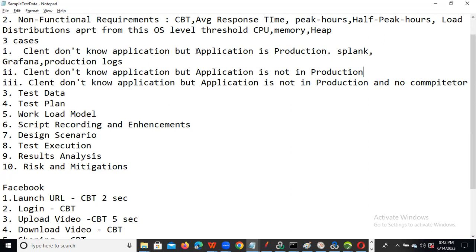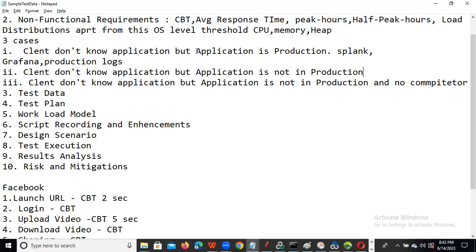Now we don't have that production load. Then how can we identify it? We need to identify it using a competitor. Competitor is nothing but, for example, you are doing the project for ICICI Bank, but we already know that HDFC Bank exists. So that is our competitor. HDFC is a bank, right? Both will have the same transactions, same things only.